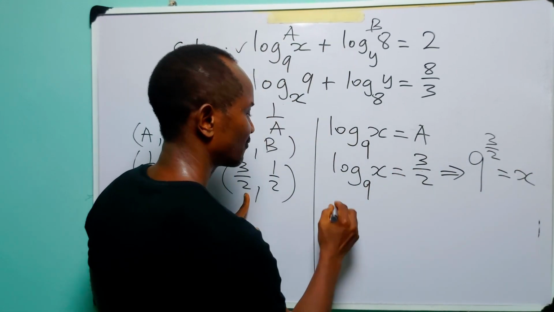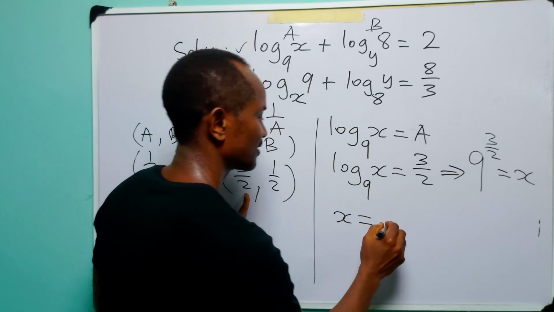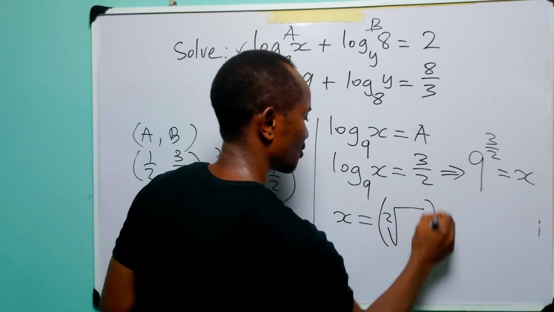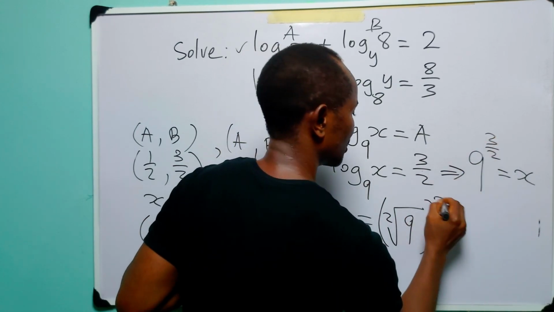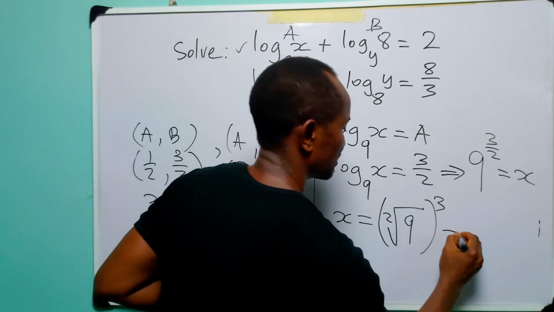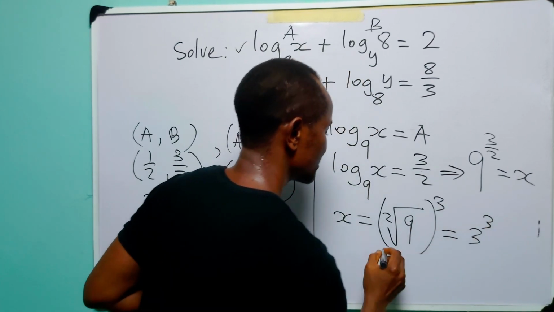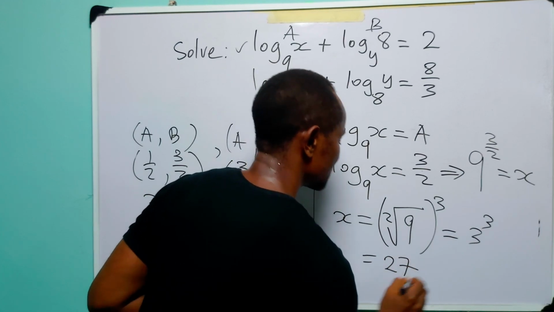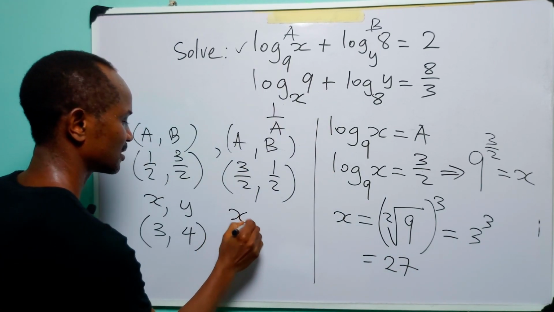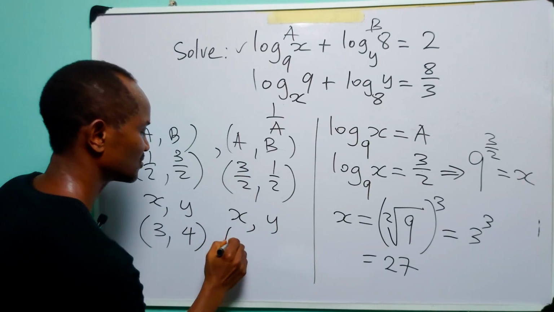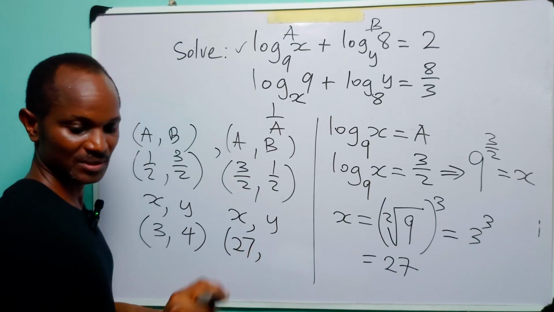Writing this in radical form, we have that x is equal to the square root of 9 cubed. Now the square root of 9 is 3. And 3 raised to power 3 is equal to 27. So here we have that the value of x when a is 3/2 is 27.